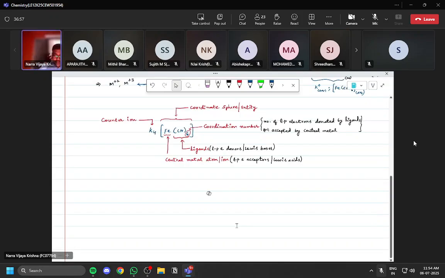Right. This counter ion always tries to balance the charge over the coordination sphere. This counter ion always balances the charge, or can I call it nullifies the charge?